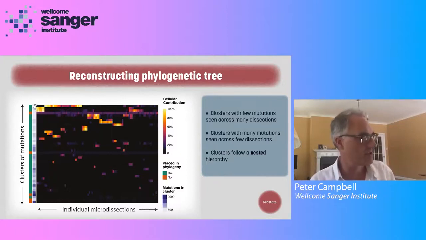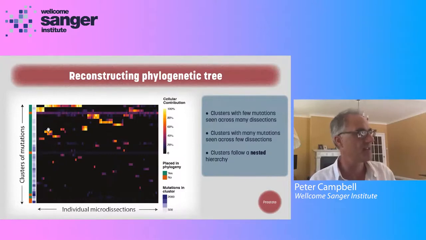And here on the left, this heat map shows the number of mutations that are present in that cluster. So you can see this cluster has not very many mutations in it, but those few mutations are spread across a very large number of the microdissections in that ductal unit.